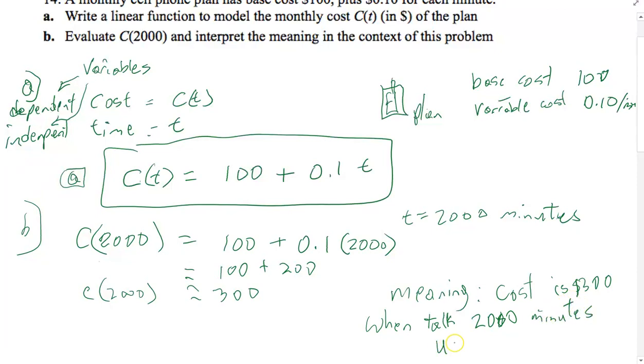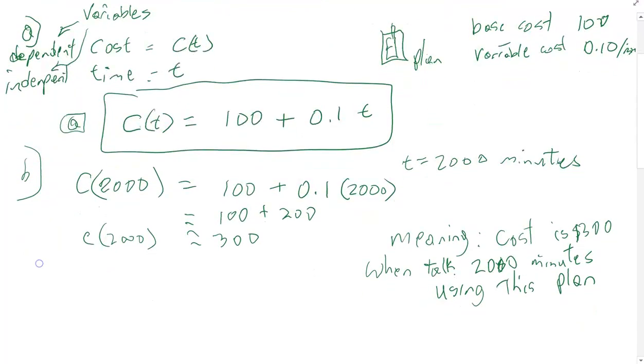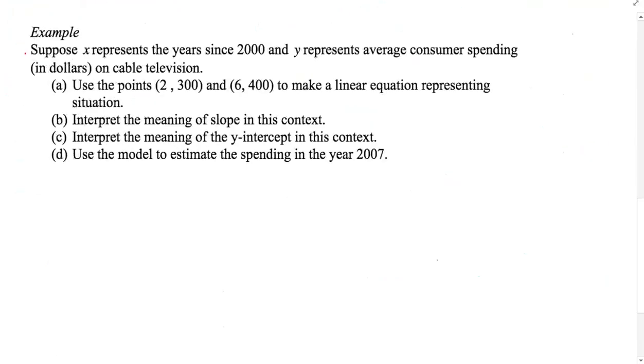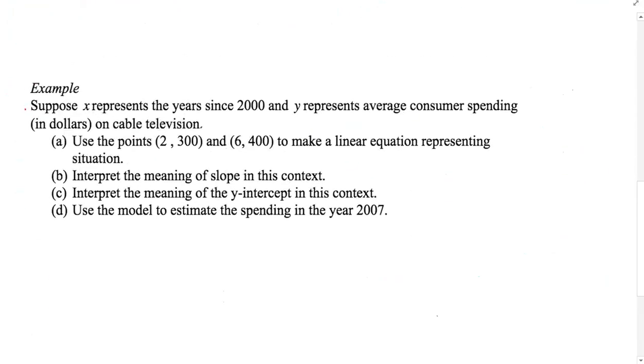And so that is the meaning of the problem in this context, given our 2,000 minutes usage. So C of 2,000 means the cost when we have spoken 2,000 minutes in the month based on that monthly plan.